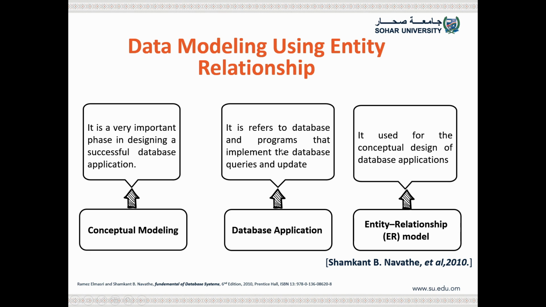So a database application has two main components: queries, which are requests for information, and updates, which update the database state. Database state, we have talked about this in the previous videos. A database state is the information that is found inside of the database at each given time.